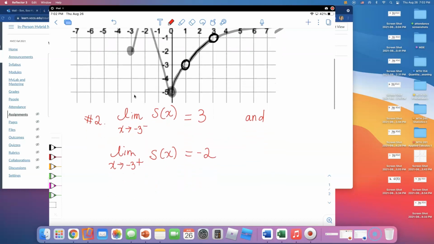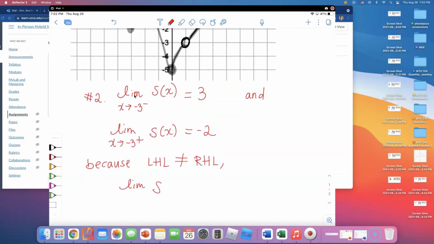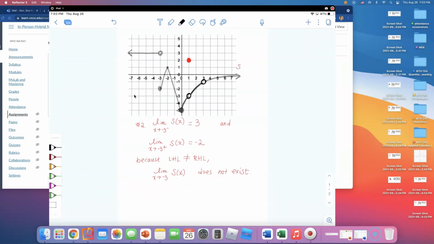Because the left-hand limit does not match the right-hand limit, what I have to tell them is the general limit as x approaches -3 does not exist. So I wrote one sentence talking about how we have two different one-sided limits. The left limit does not match the right-hand limit, therefore the limit at -3 does not exist. So that's good. Okay, that was tricky.